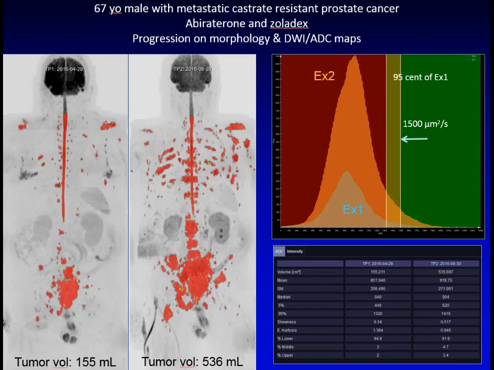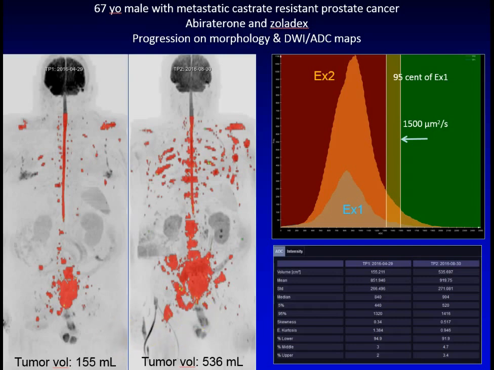Now, you can quantify that, and if you quantify that, you can see that this patient starts off with about 155 cc's of tumor, and then very shortly thereafter you can see that the patient has 540 cc's of tumor in a time interval between April and August 2016.